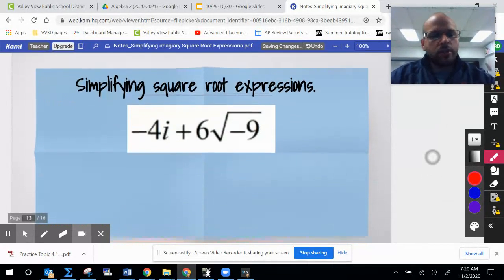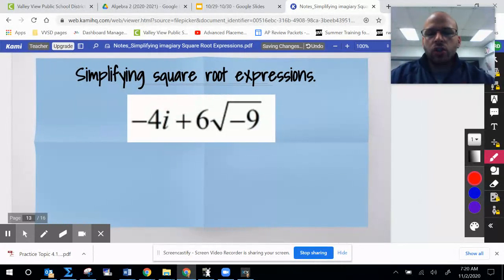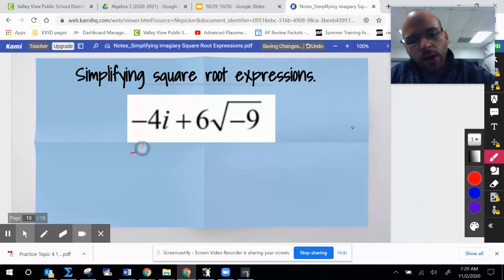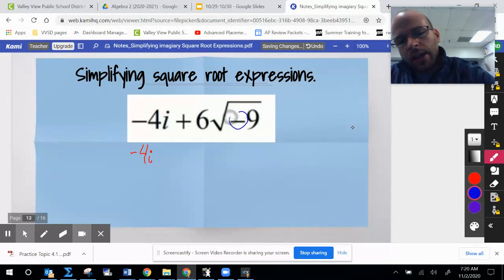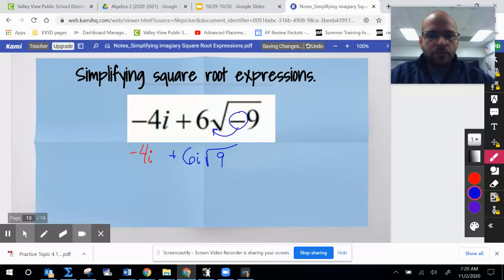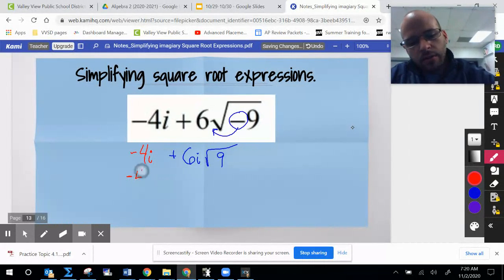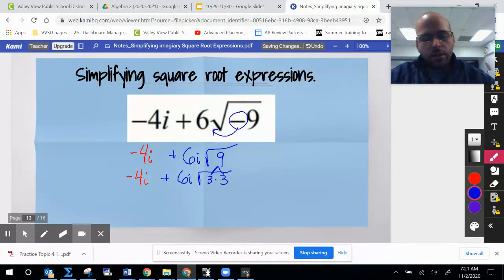All right, so this one looks a little different. I just want to show you a few things here. So this negative 4i, we're not doing anything with right now. It's a separate term. What I want to do is simplify this radical the same way. So I'm going to have 6i square root 9. This negative 4i stays there. And then I'm going to say plus 6i, and I can break apart the 9 into 3 and 3.